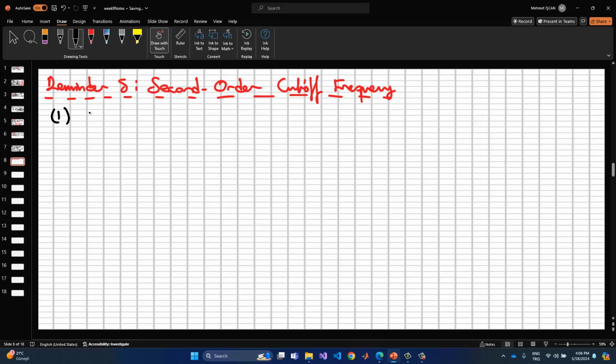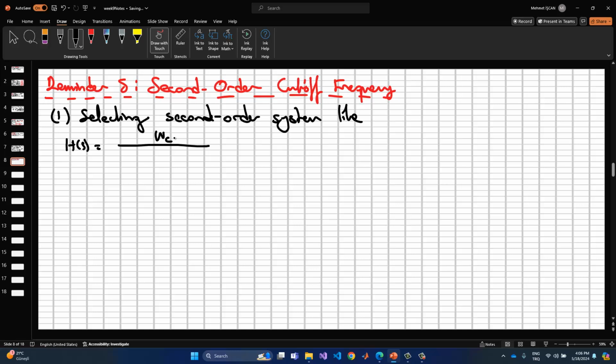Firstly, we need to design by selecting a second order system like H(s) equals ωc squared over s squared plus 2ζωc s plus ωc squared. This ωc is the angular cutoff frequency in here, and the natural frequency is replaced with this cutoff frequency, because any physical or hydraulic dynamic system is just kind of a filter.